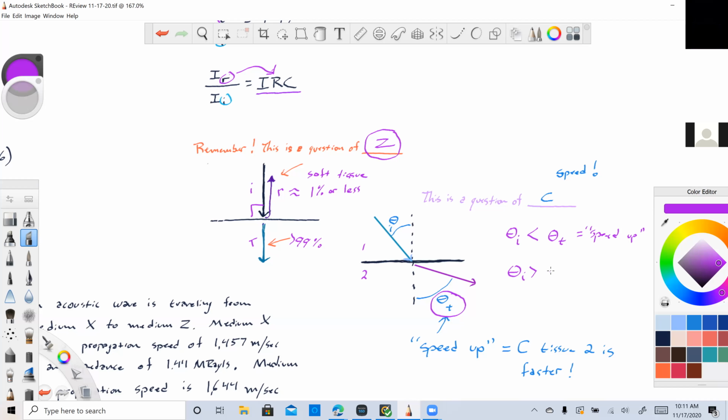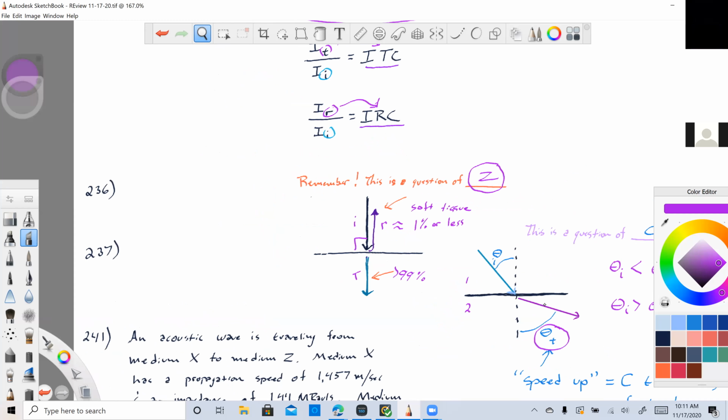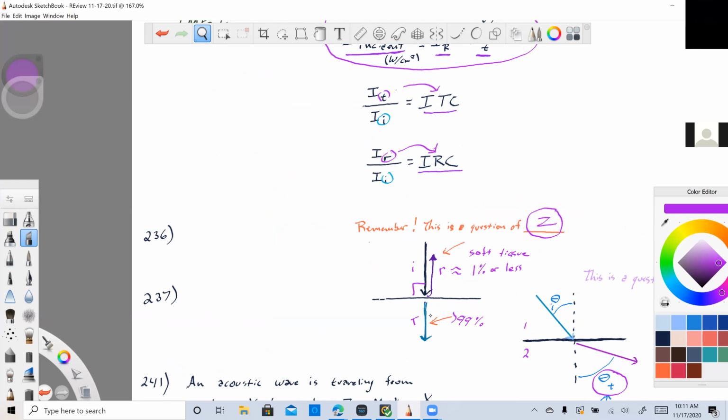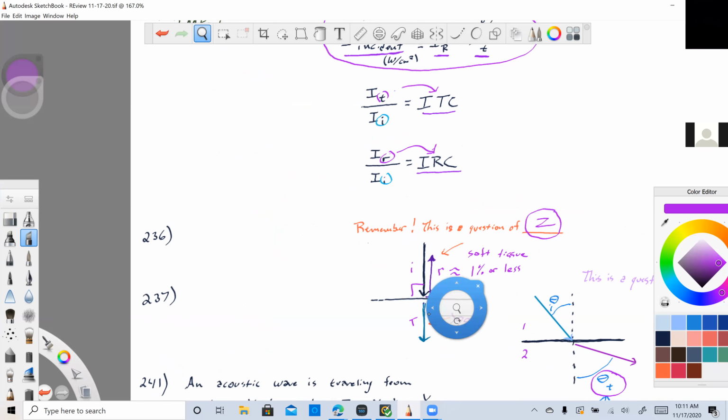And if I is greater than t, slow down. All right. Just wanted to hit that. Well, let's go ahead and do 236. If I feel like I missed anything, we'll go back another time.